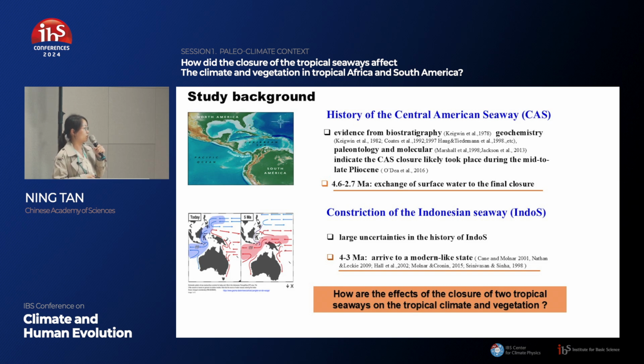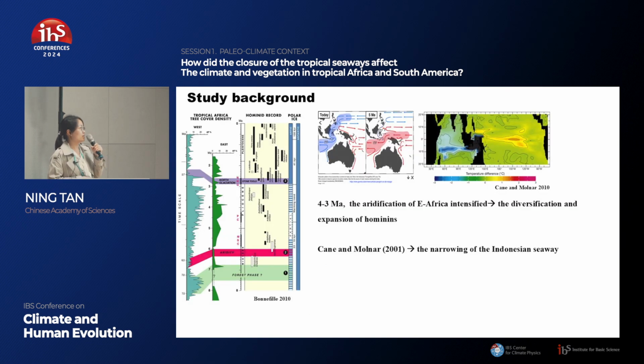So we are very interested in the effects of the closure of these two tropical seaways on the tropical climate and the vegetation. A previous study has already invoked the narrowing of the Indonesian seaway to explain the aridification of East Africa during 3 to 4 million years ago.